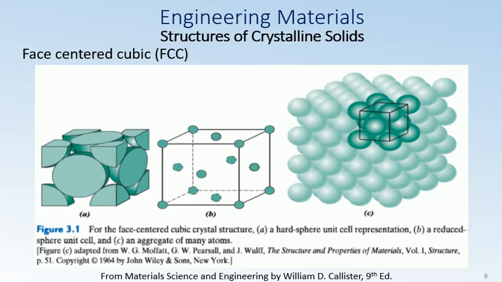In figure 3.1b is shown the reduced sphere model, and in C there is an aggregate of atoms. These different unit cells combine together and give us a structure of material that has face-centered cubic crystal structure or unit cell.